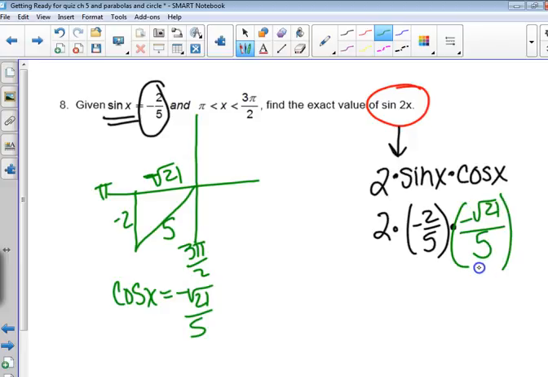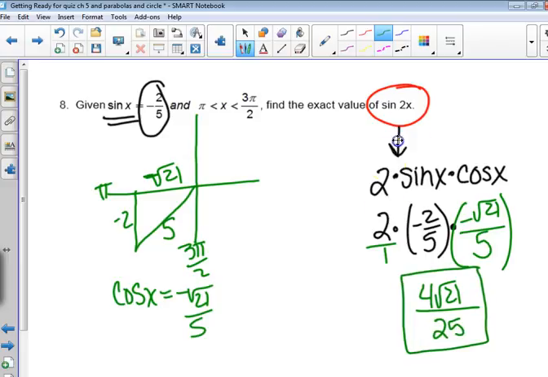Did I lose you? Okay. So this is on top. So we have 2 times −2 is −4, times another negative will be +4√21. 1 times 5 is 25, and we're done. There's no plus or minus. Those are only half angle formulas. They have to make a decision about that.